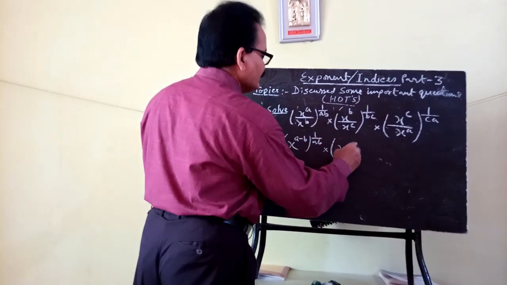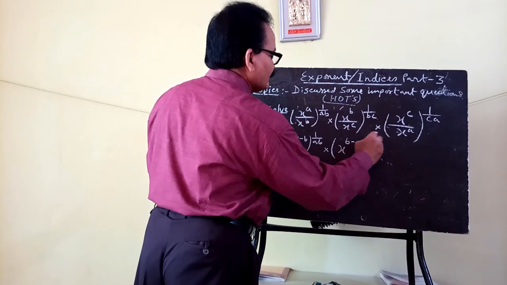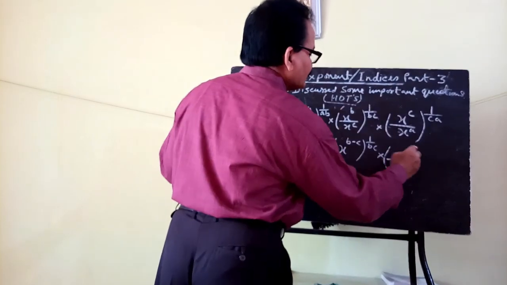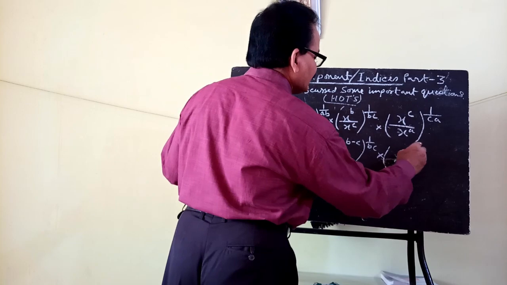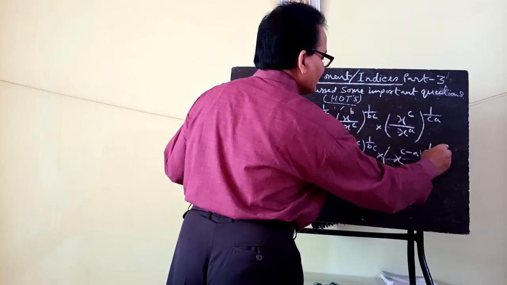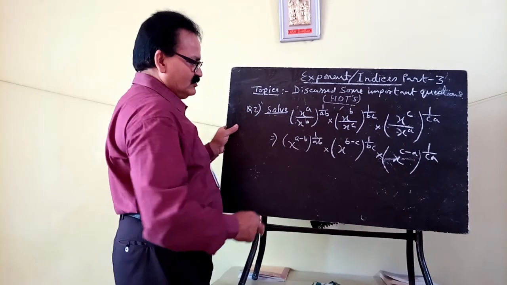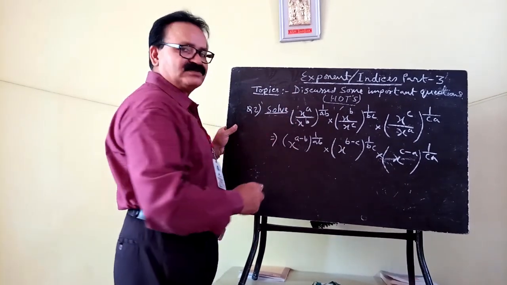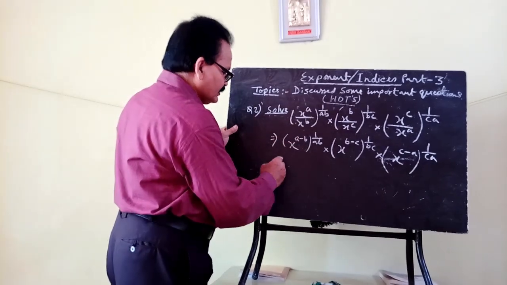Similarly, x to the power b minus c, and then the whole to the power 1 by bc. Again, x to the power c minus a, whole to the power 1 by ca. Here there is a quotient, x to the power a divided by x to the power b, so the powers will be subtracted accordingly.